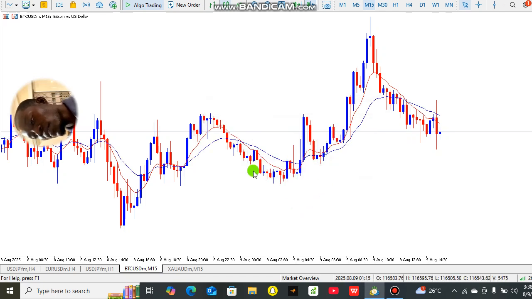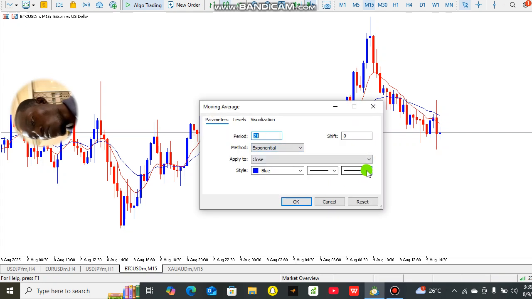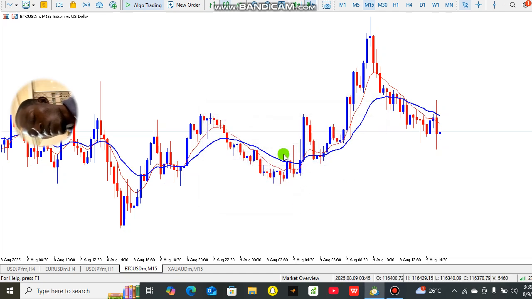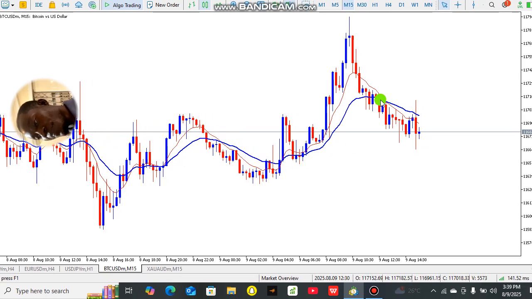So this is how the 21 exponential moving average appears on the chart. I want to make the line a little bit thicker. Great. So this is how the 21 exponential moving average, which is the blue line, and the 9 exponential moving average, which is the red line, appear on the chart.